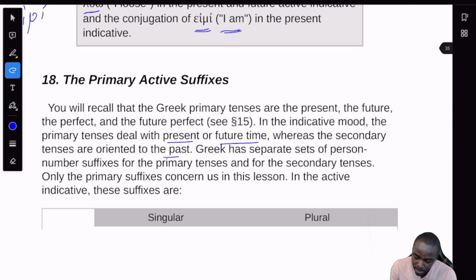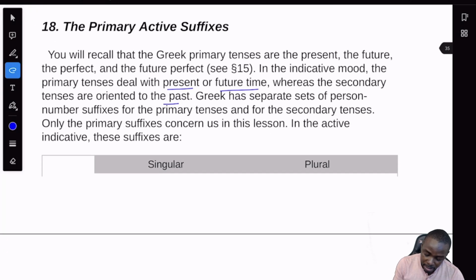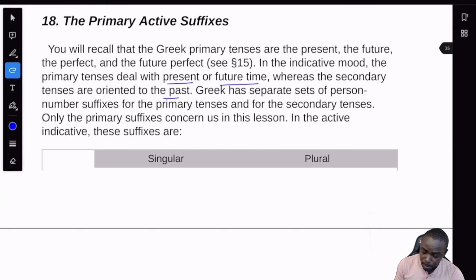Greek has separate sets of person-number suffixes for the primary tenses and for the secondary tenses. Only the primary suffixes concern us in this lesson. In the active indicative, these suffixes are: so we're not really focusing on the secondary suffixes right now, just the primary suffixes.